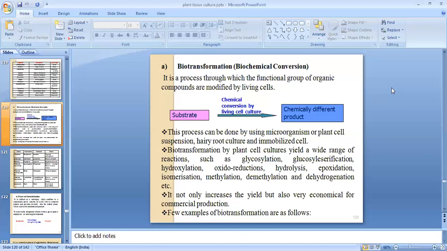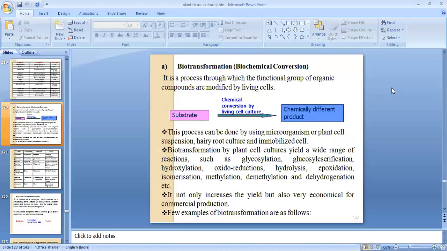And this process is done by using microorganisms, or sometimes plant cells in suspension, or sometimes hairy root culture or immobilized cells can be used for this conversion.